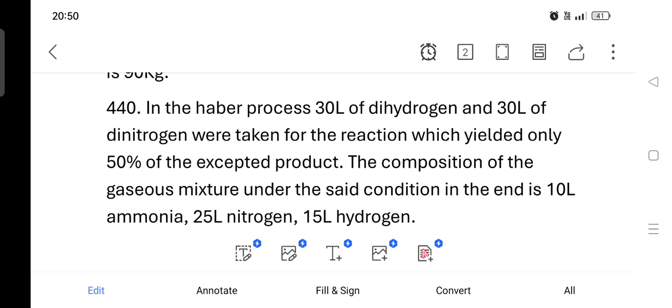The composition of the gaseous mixture under the said conditions in the end is 10 liters ammonia, 25 liters nitrogen, 15 liters hydrogen.